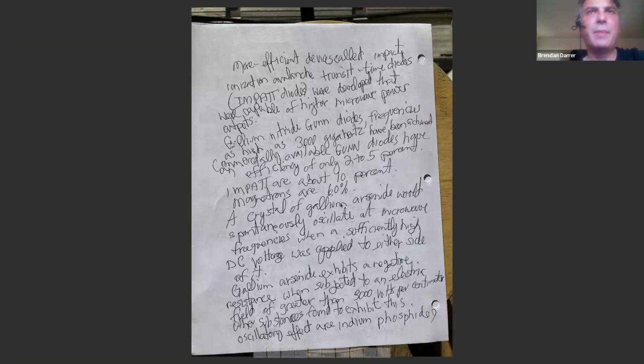A crystal of gallium arsenide would spontaneously oscillate at microwave frequencies when a sufficiently high DC voltage was applied to either side of it.